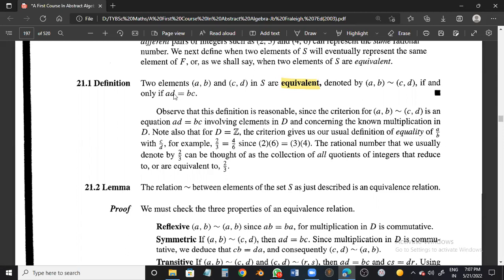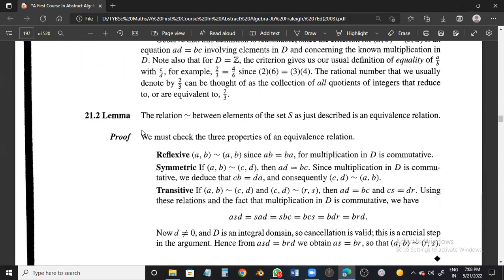So AD is equal to BC. I multiply A to D and B to C. And if this product happens to be the same, then we say that the ordered pairs are equivalent ordered pairs.